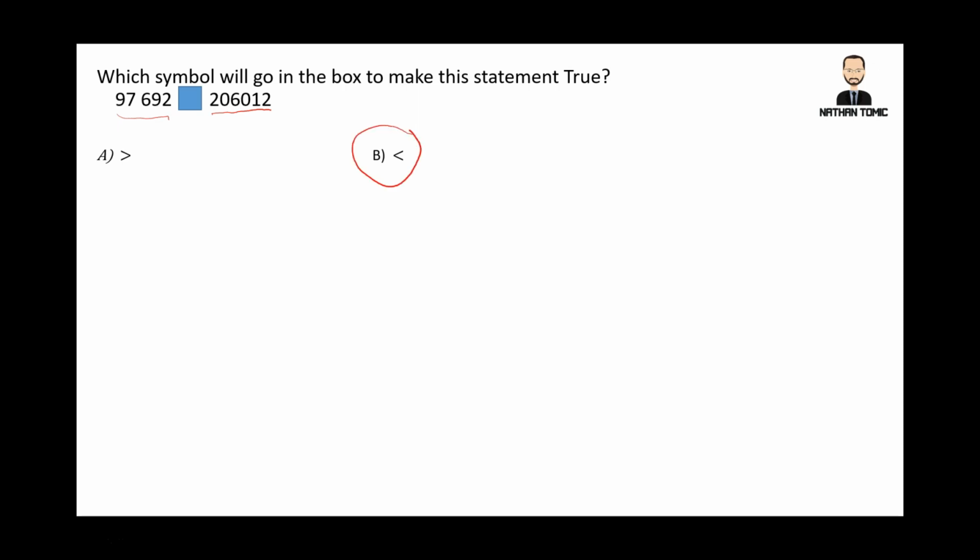So if we were to put that symbol in, 97,692 is less than, because the pointy bit's on that side, 206,012. So we can read it as 97,692 is less than 206,012.